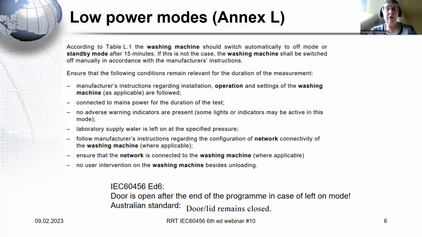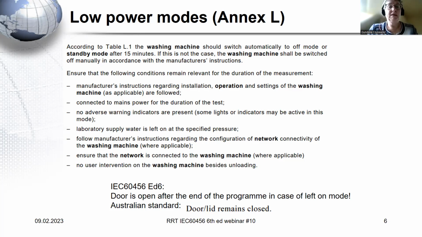This table L1 considers that the washing machine should switch off automatically to off mode or standby mode after 15 minutes. But for sure, this is not necessary everywhere, even though in Europe it is now stipulated. If this is not the case, then the washing machine shall be switched off manually in accordance with the manufacturer's instructions. So this you need to keep in mind when you follow the sequence in table L1.